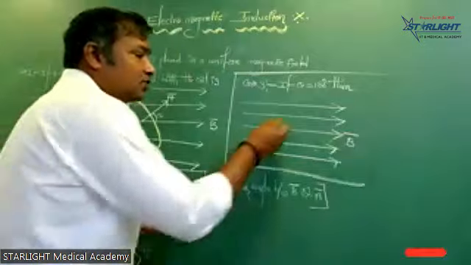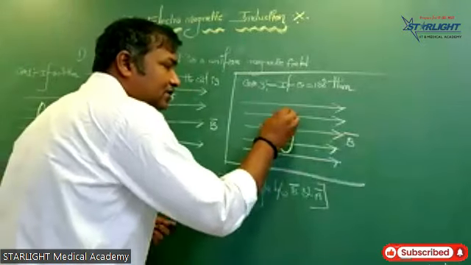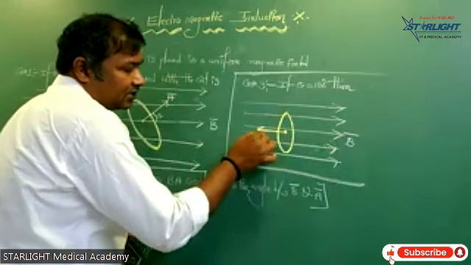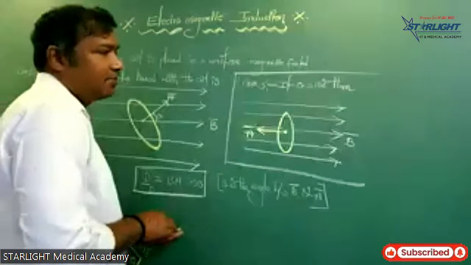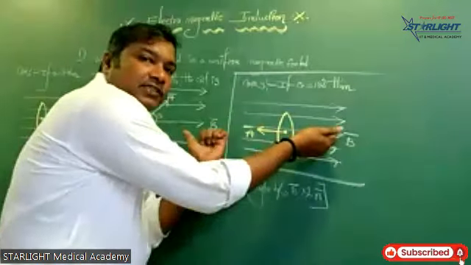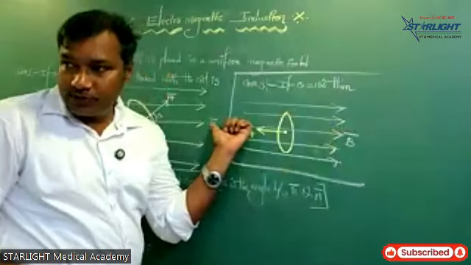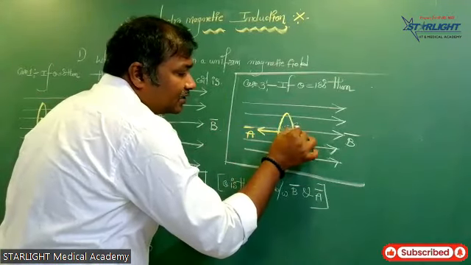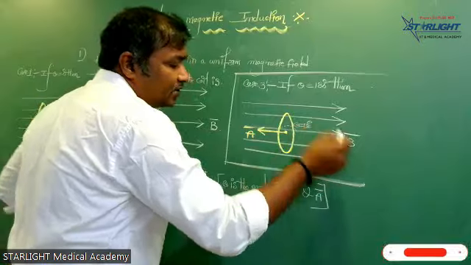Now the coil position is like this, but the coil area A bar is in this direction. B bar and A bar are both in opposite directions, so the angle theta is equal to 180 degrees.